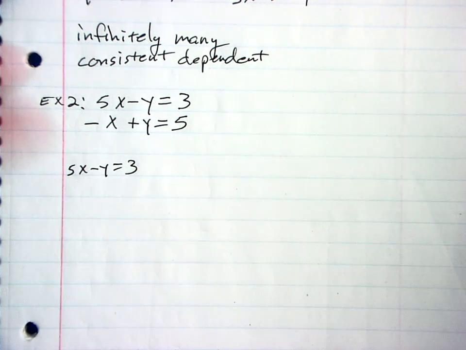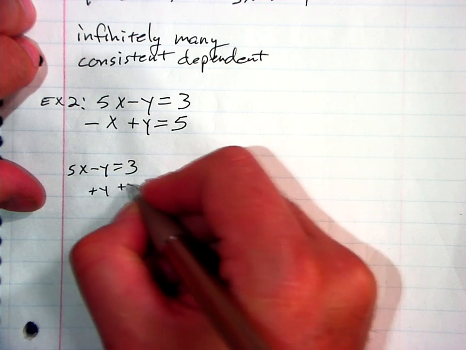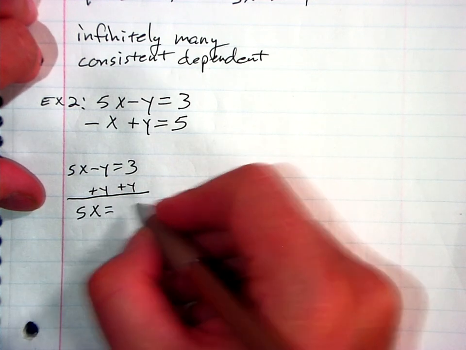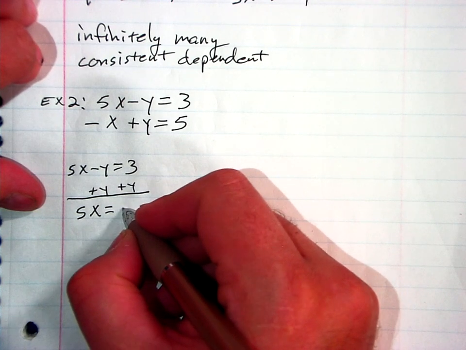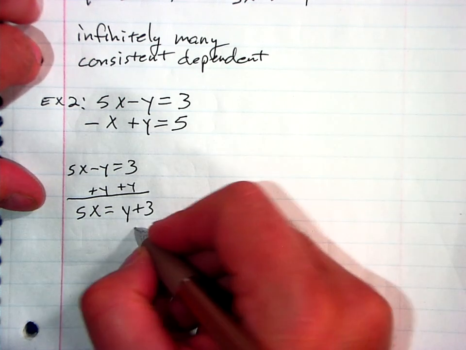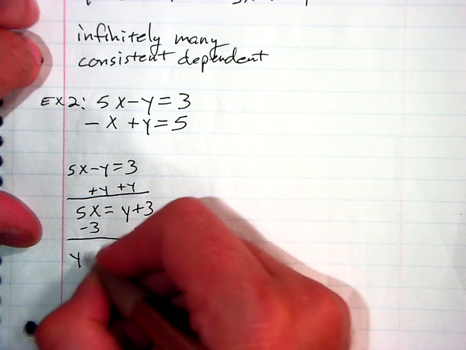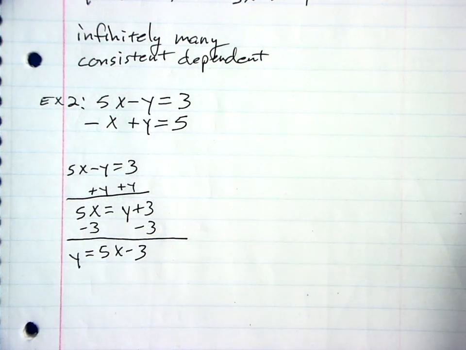If you want, you can multiply the whole thing by -1 to get rid of a negative y, but I just personally would add y. 5x equals y plus 3. And then we're trying to get the y by itself, so I would subtract 3. So that gives me y equals 5x minus 3.